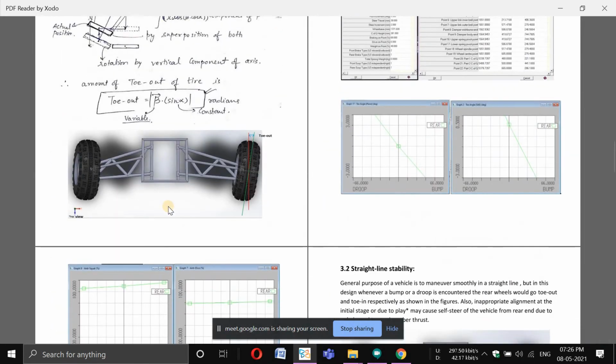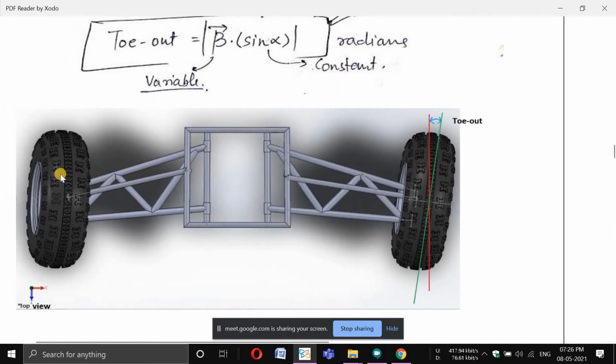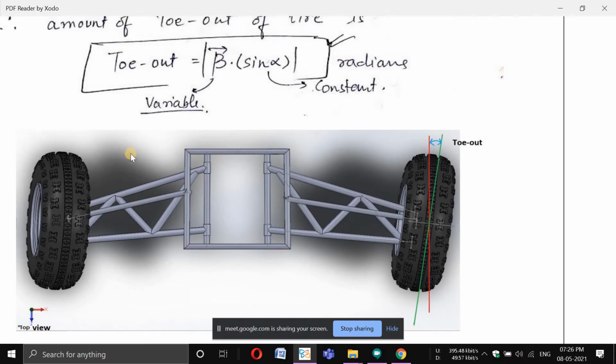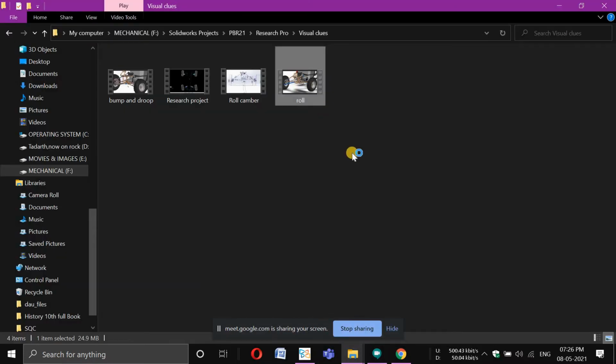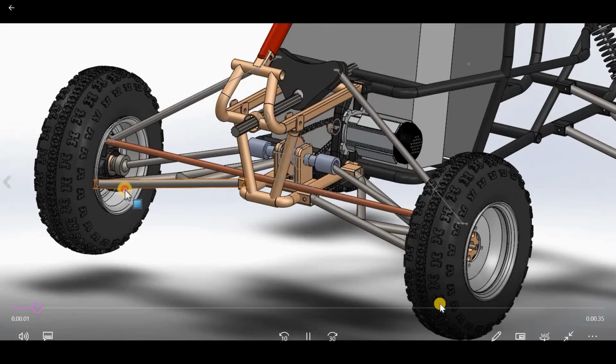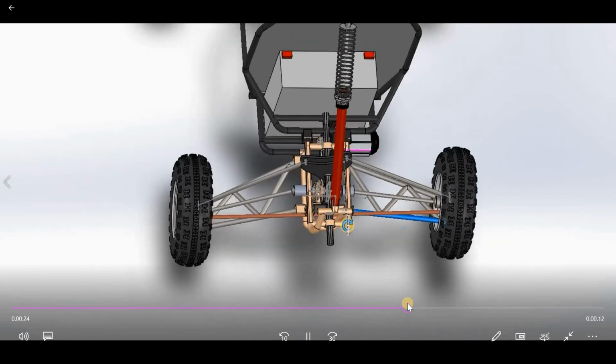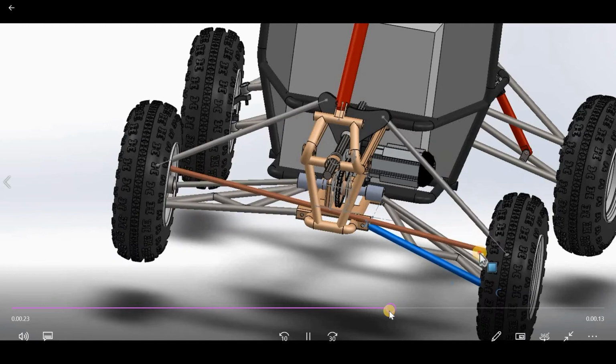So here the wheel has been toe out, and similarly the left wheel has been toe in, because if we define beta for the left wheel, the left wheel is going down in the animation. If the right wheel is going up, then the left wheel has to go down, because of the restraints that we have put. Sir, can you see this?